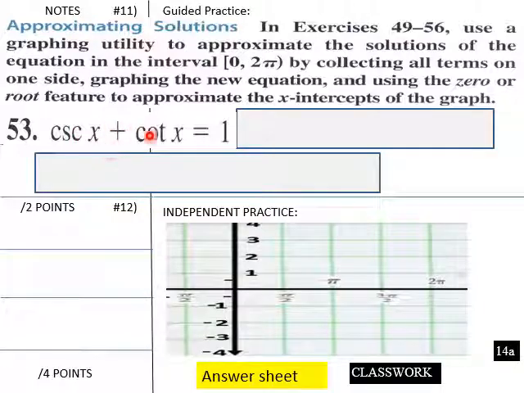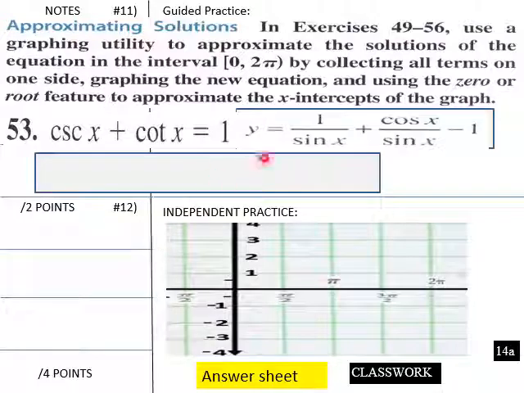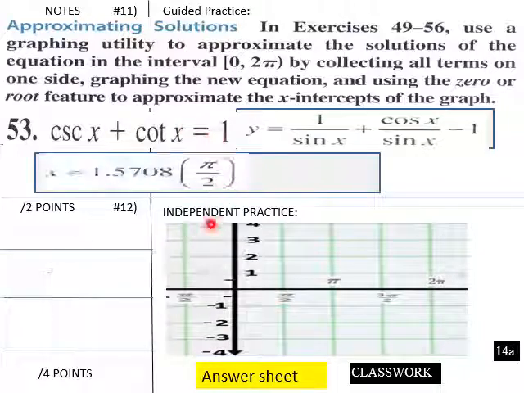Let's try this one here. Cosecant x plus cotangent x equals 1. Let's break it down. Y equals 1 over sine x plus cosine x over sine x minus 1. So basically we're going to move the 1 over there.